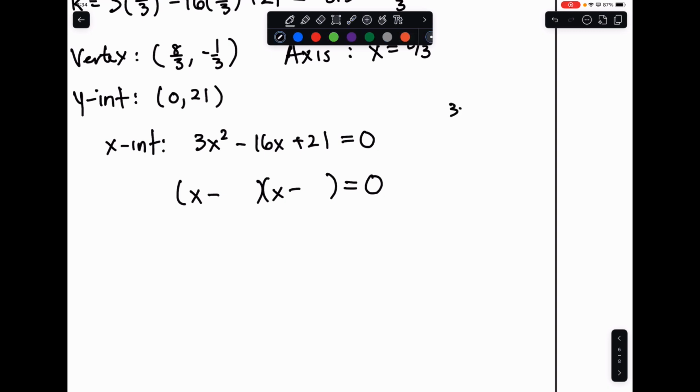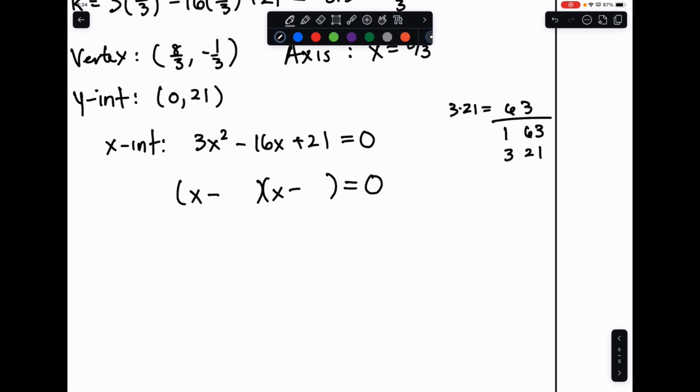Sorry, 3 times 21, which is 63. And that's what we want to find the factors of. We want to find the factors of 63 this time and not 21. So 1 and 63 is an option. 2 doesn't work because 63 is an odd number. 3 and 21 obviously works because that's the number we just used.